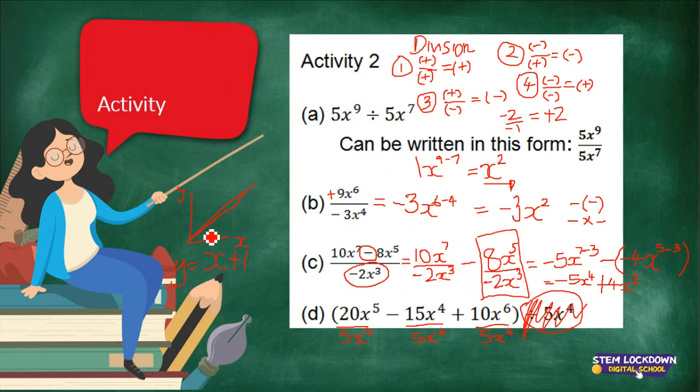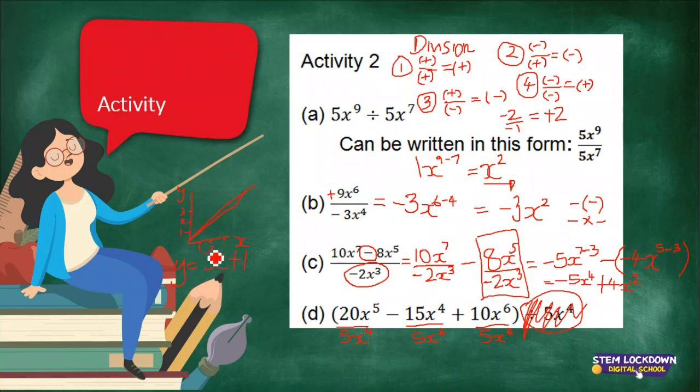So in order for me to plot the values for this line, I can say, maybe if y is 1, what is x? Even though this is not part of this section.